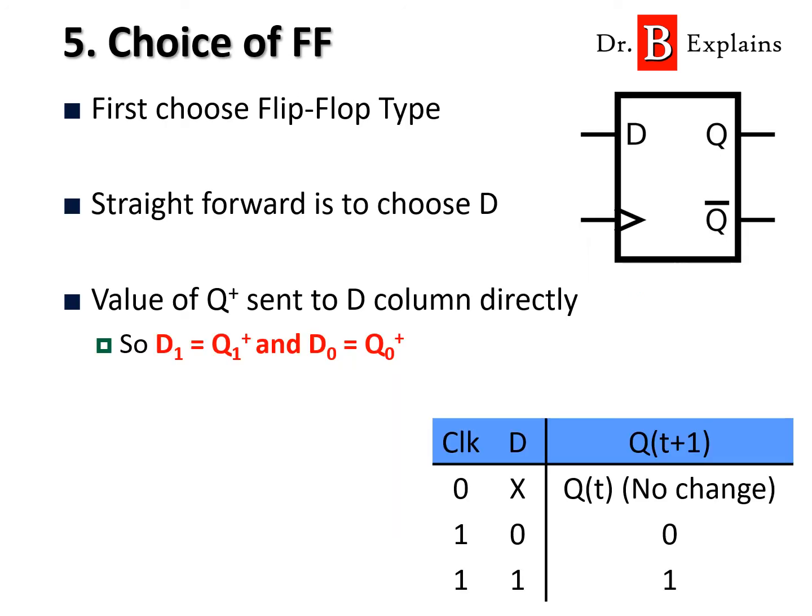In this case, since it's a D flip-flop, whatever I want to see at the output, I need to put at the input. So if I want to see a 1 at the output, I put a 1 at the input. If I want to see a 0 at the output, I put a 0 at the input. That's why the D table is easier.